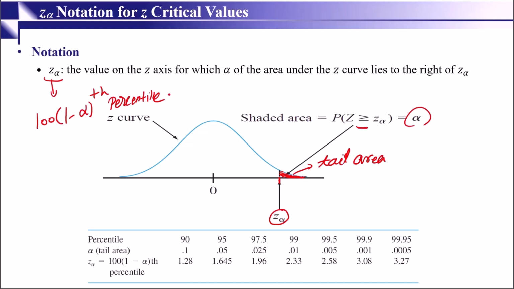For example, if alpha is 0.1, it means the 90th percentile, and Z of 0.1 is equal to 1.28. If alpha is 0.05, this means the 95th percentile, and the value for Z of 0.05 is this one. You can see the rest is here. Later, we will use them a lot. These values are crucial for hypothesis testing and confidence intervals. Later, we will study them in detail.